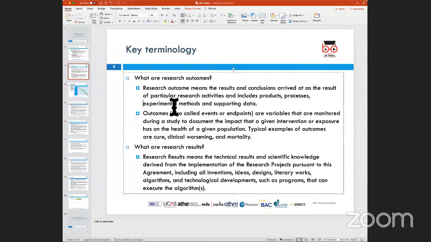A typical example of research outcomes could be some sort of clinical trial, and the results which have come out of those clinical trials either approve or disapprove the product. The filing of that with the FDA or the MHRA, which is the regulatory authority in the UK, then approves it for mass circulation in the population.